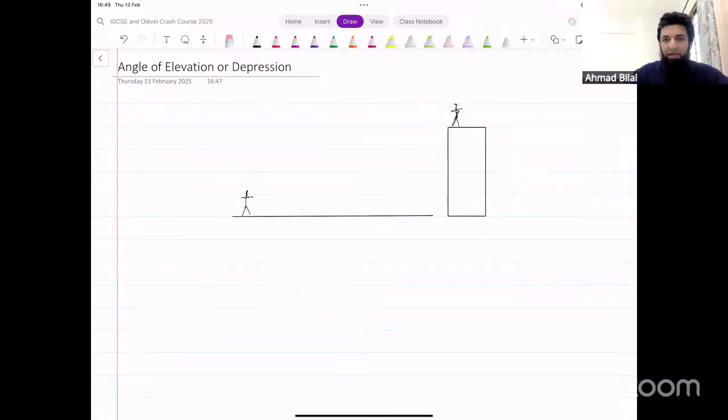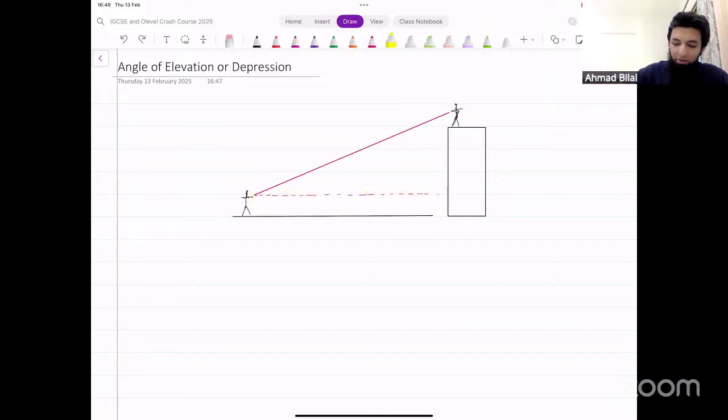Let's say we have a line that looks like this. Now, the person at the bottom, their eye level is basically this horizontal line, right? If they were to look straight, they would be looking in this direction horizontally.